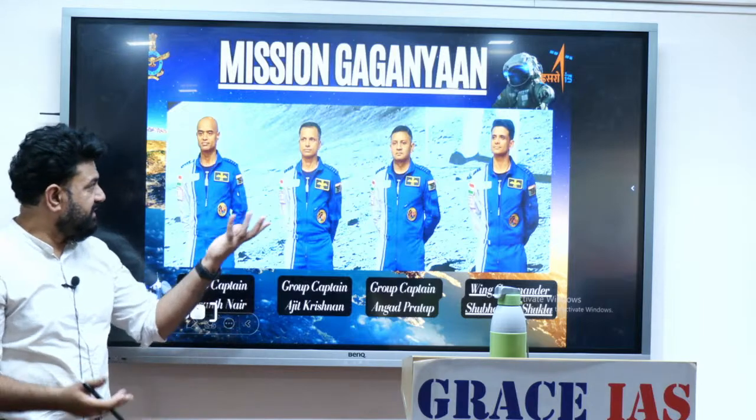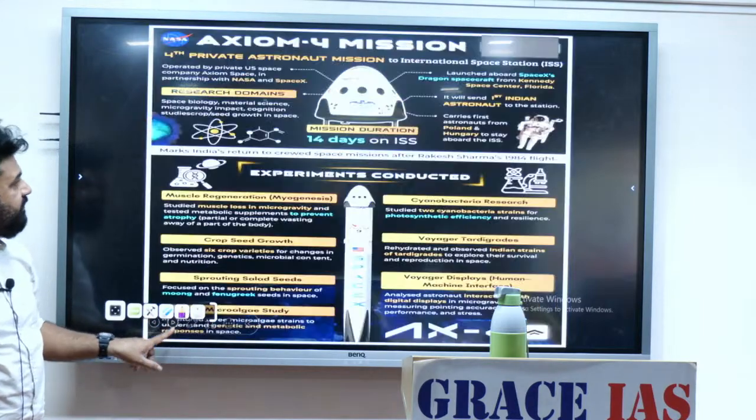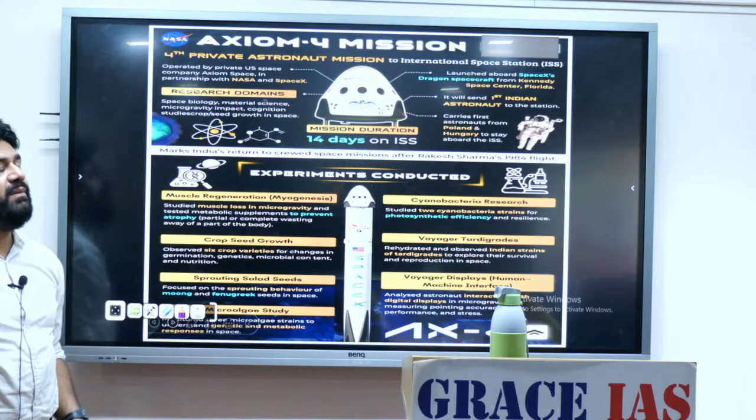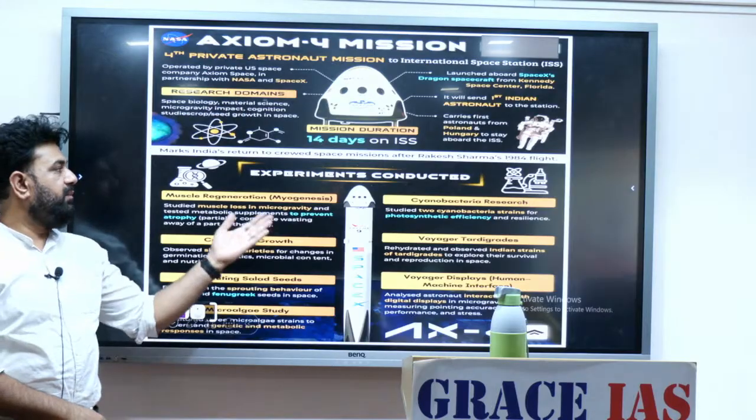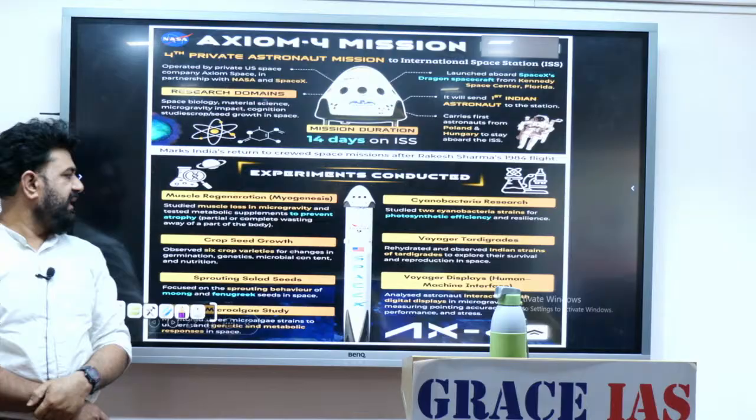Names are given. Now how can you ask names? UPSC can ask anything they want, whether you know or not, as simple as that. So we have this, and the Axiom 4 mission. On board this we have Indians.